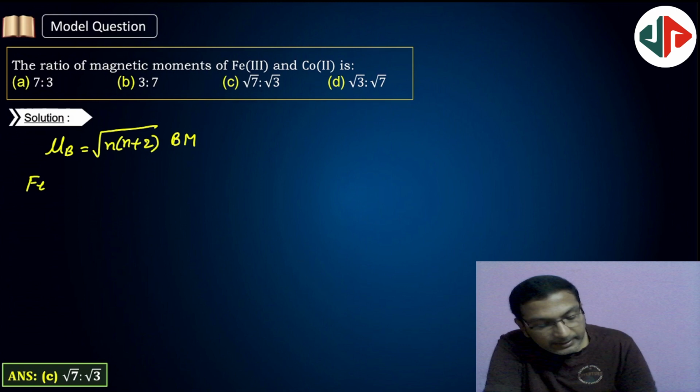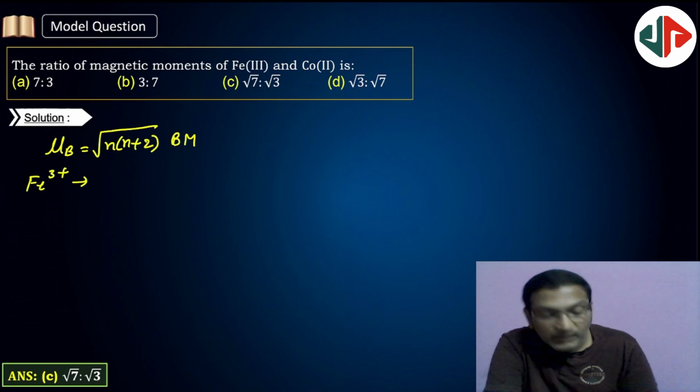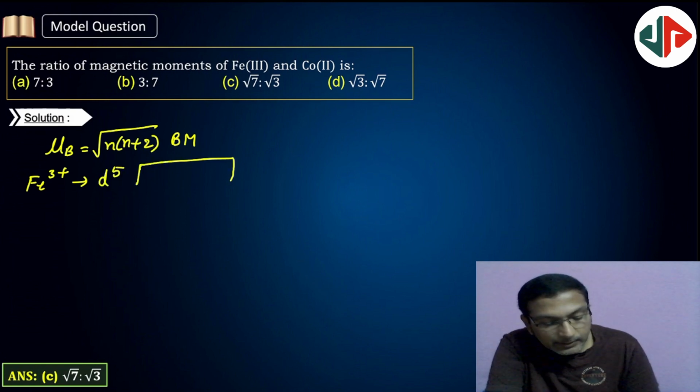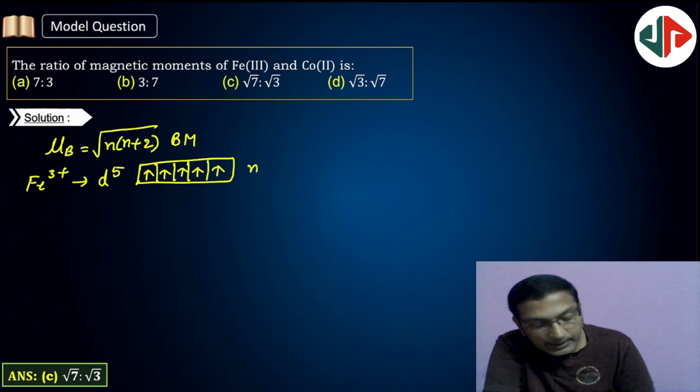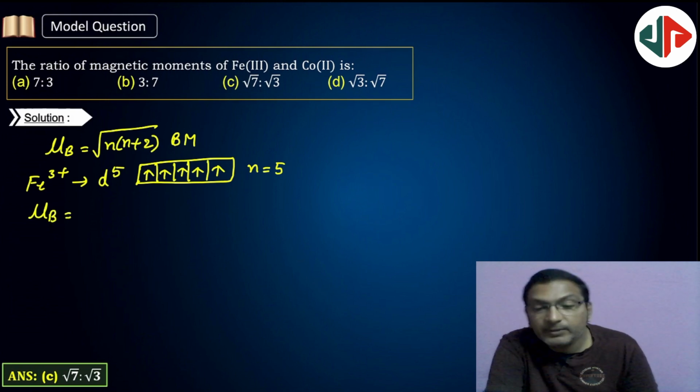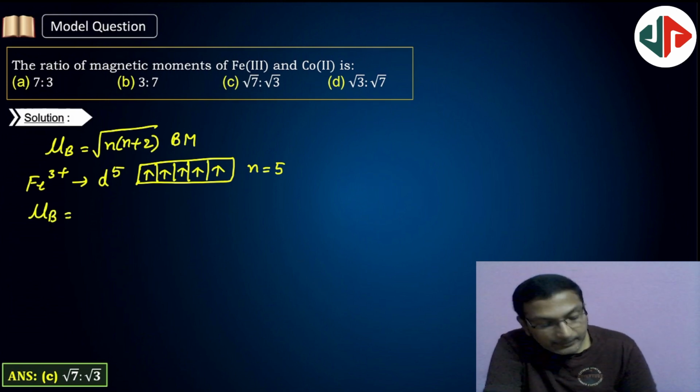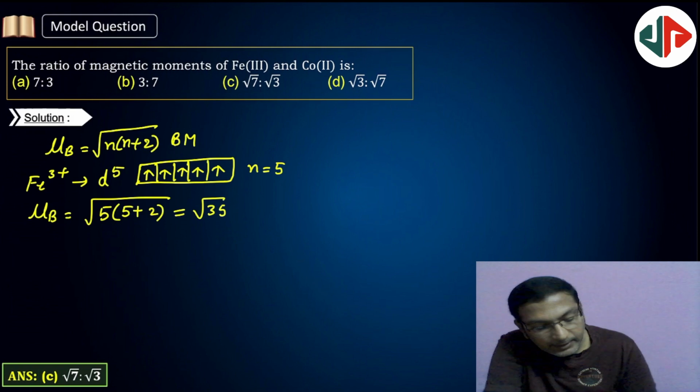So for Fe3+, configuration becomes d5. So d5 configuration, you know, half-filled configuration. 5 unpaired electrons, that is n equal to 5. Therefore, mu for Fe3+ is root of 5 into 5 plus 2, root 35.